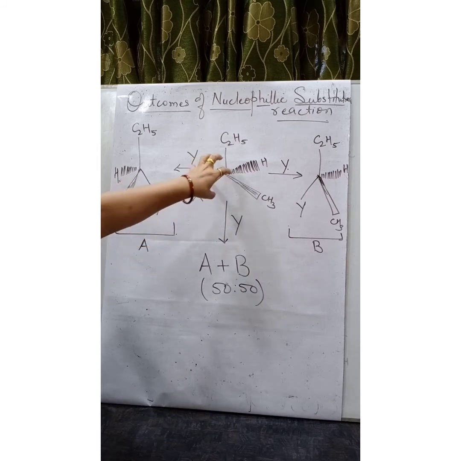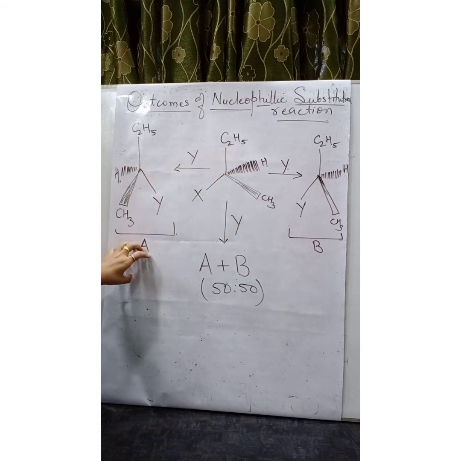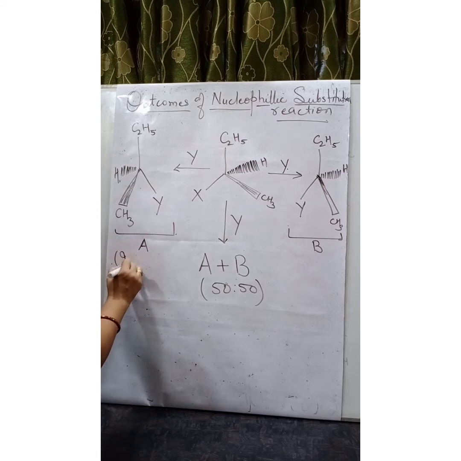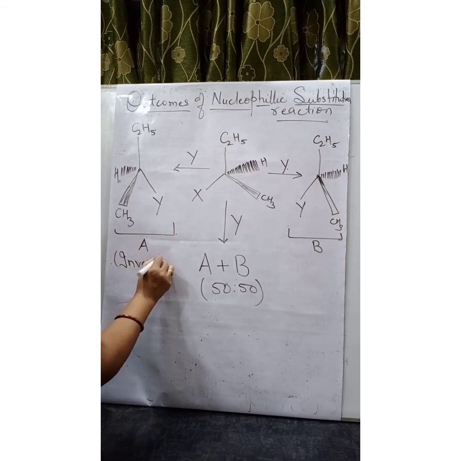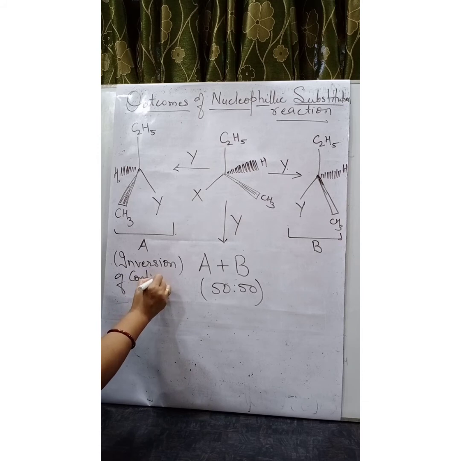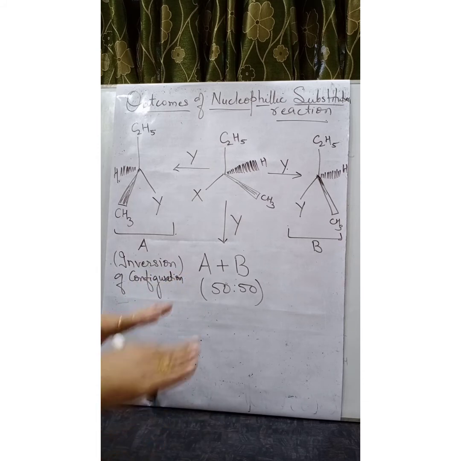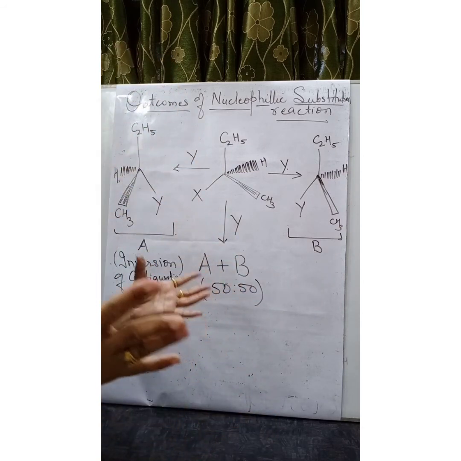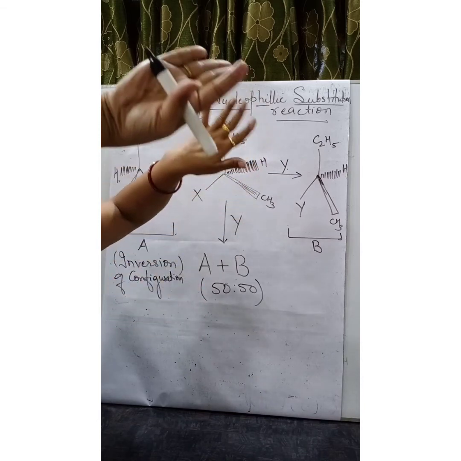Now, when we are getting A as the product, where the configuration of the substrate is inverted, then this type of process is known as inversion of configuration, or you can say inversion. I told you, suppose you presume an open umbrella, and when strong winds are blowing, the umbrella turns upside down.